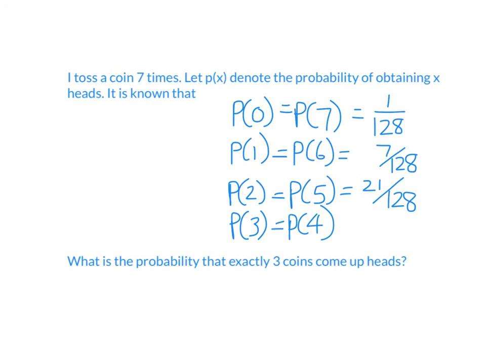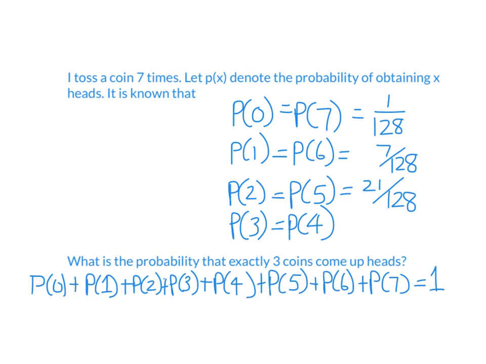So what would be the probability that I get 3 heads? What would be this P3 here? Well, I'm going to solve that by using the sum of probabilities. I know that all of these probabilities here must add up to 1. If I add up the probabilities of each of the possible outcomes, it always is equal to 1.